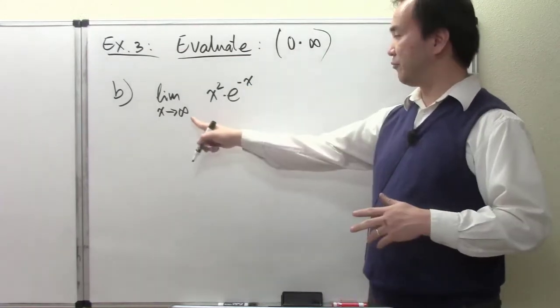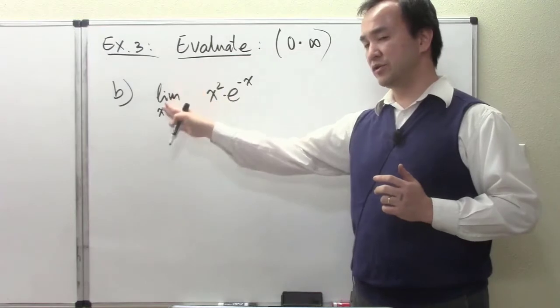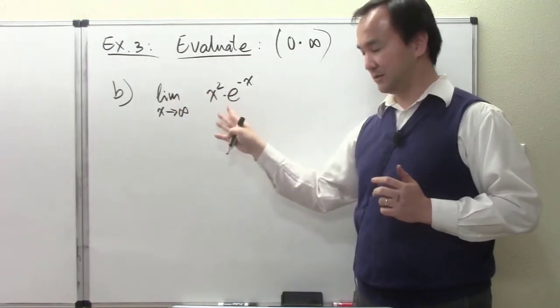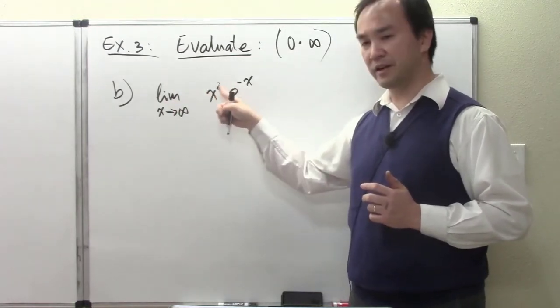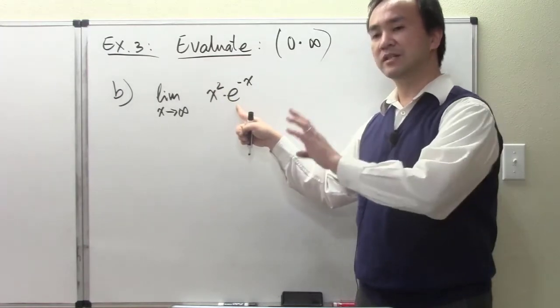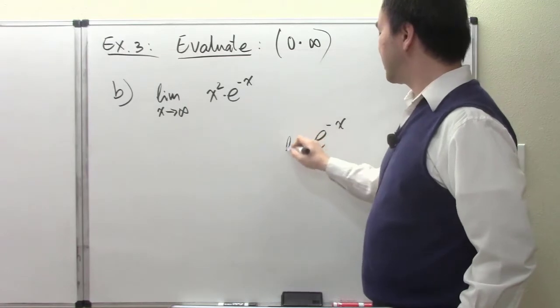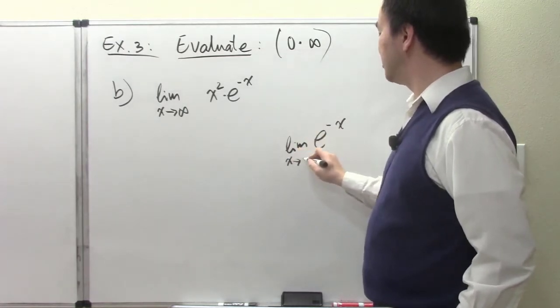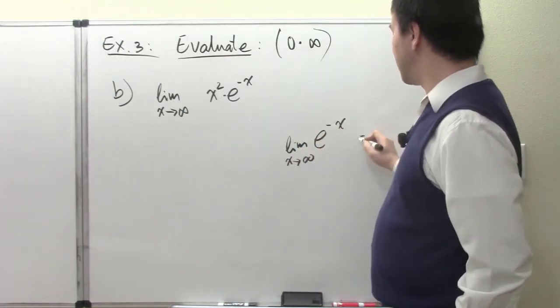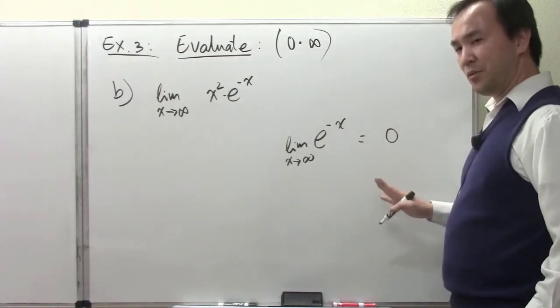If we use the basic limit law here, then this function goes to infinity, and the other one, e to the minus x, goes to 0 as x goes to positive infinity. Why is that?